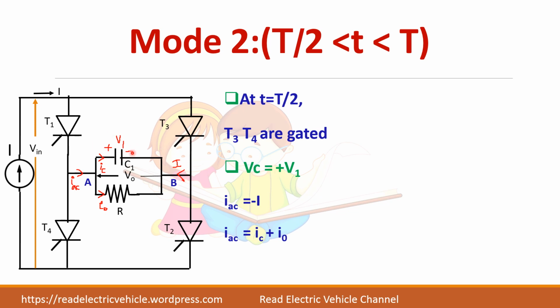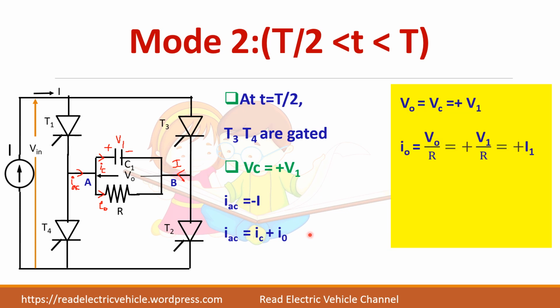And you see the charge on the capacitor, and this IAC now changes direction, so it becomes minus I, and the other equations are similar. IC you can write as IC is equal to IAC minus I0. With that you can substitute the I0 value and you will get IC.